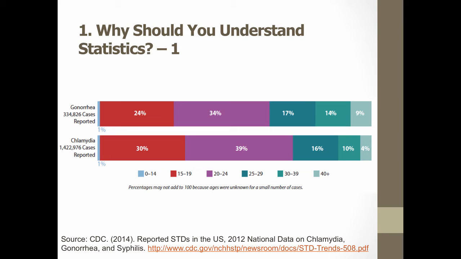See, the majority of them, again, 20 to 24-year-olds. And really, almost 70% of these 1.4 million cases of chlamydia occurred in that same age group, those young adults, 15 to 24-year-olds.